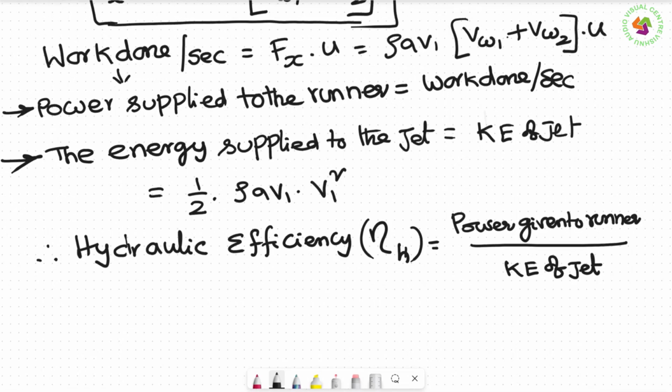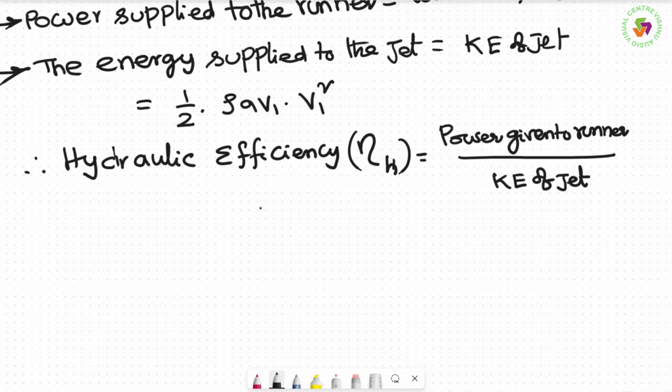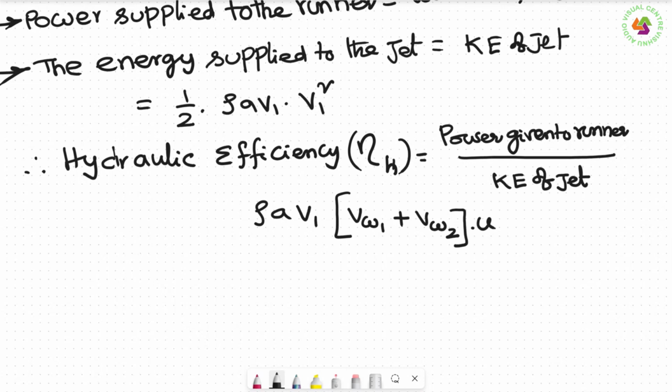So if I take it, then rho A V1 into (VW1 plus VW2) into U divided by half into rho A V1 into V1 square.